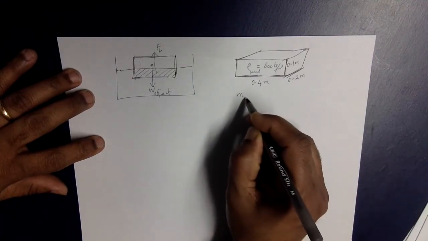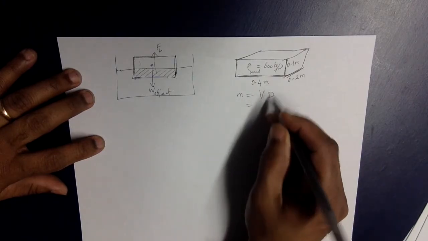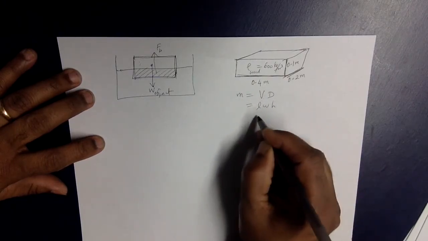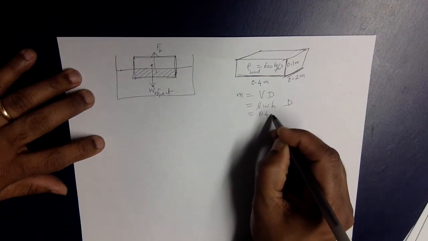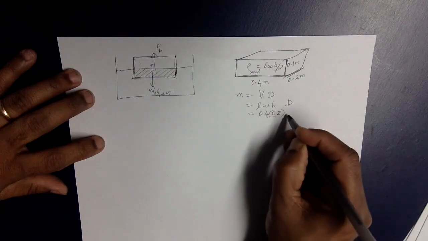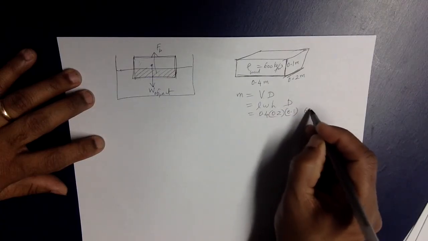The mass of the object is volume times density, and the volume is length times width times height. So length is 0.4, width is 0.2, height is 0.1, and then density is 600.